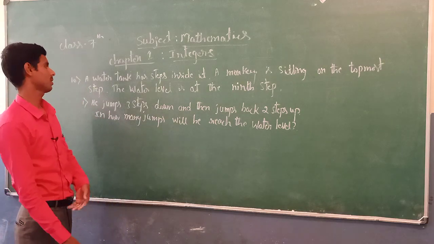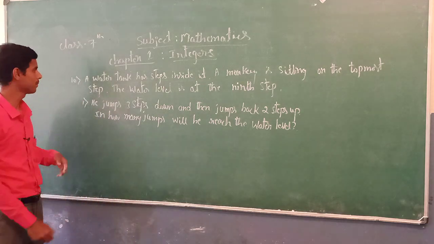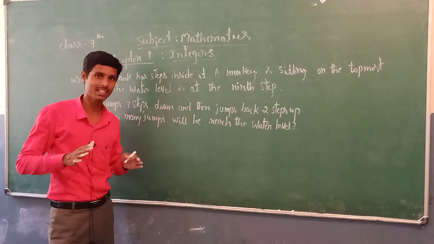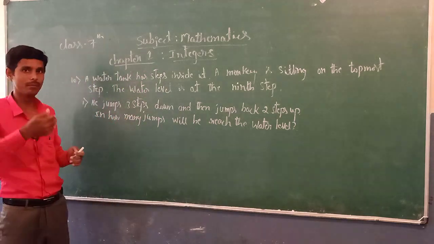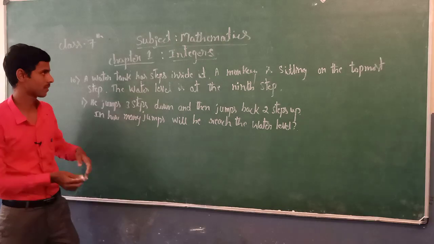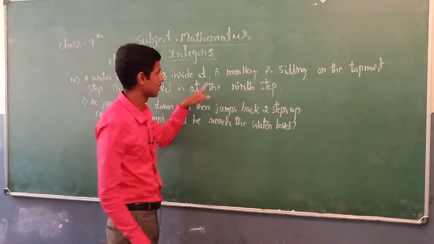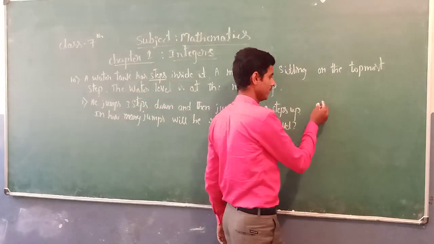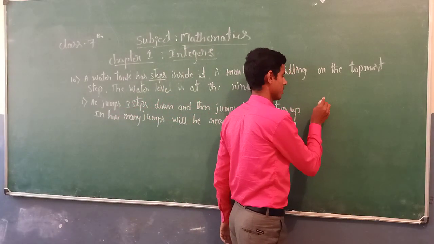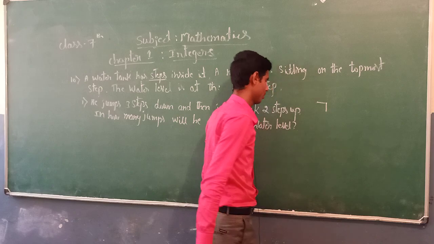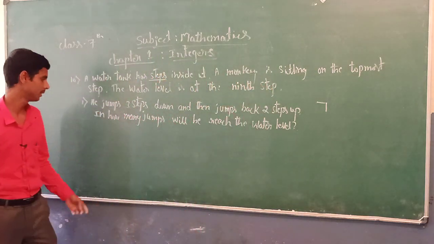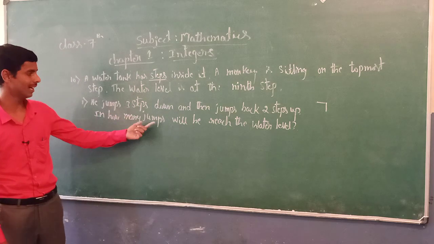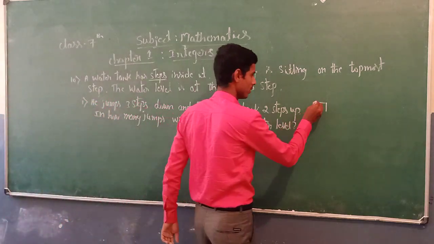Okay, first we will understand what is this question. Okay, water tank has steps. Inside it, a monkey is sitting on the topmost. So total how many steps are there? 9 steps. The monkey has to reach the 9th step.